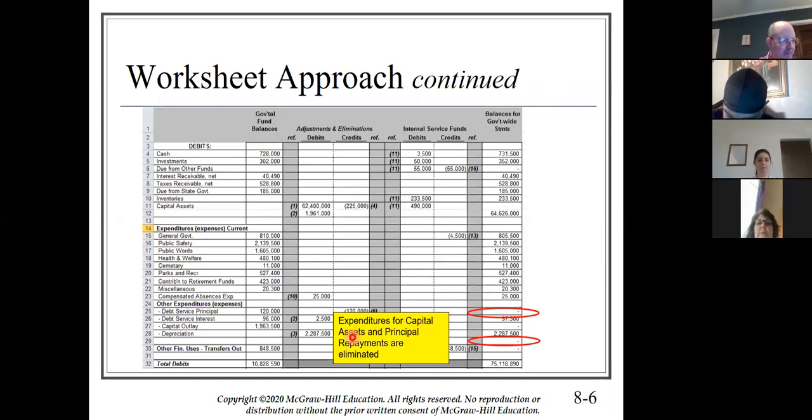Let's suppose the capital asset was a building, no, not a building, let's say a major computer purchased by the government. If a business purchased a major computer that they're going to use for their whole system for the company, what would be the journal entry that they made when they purchased it?